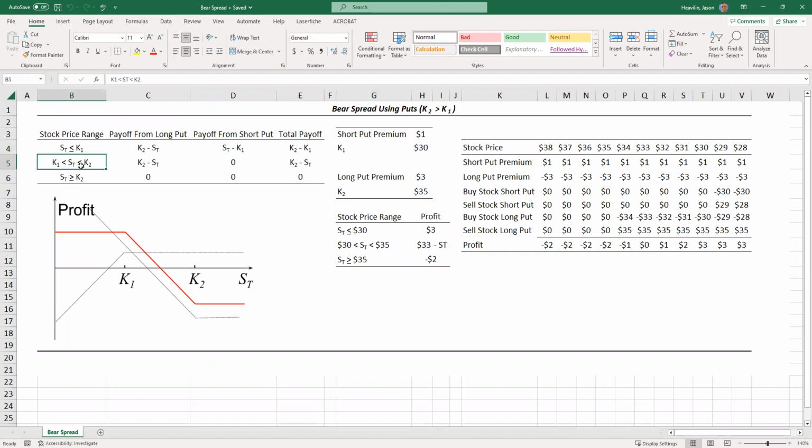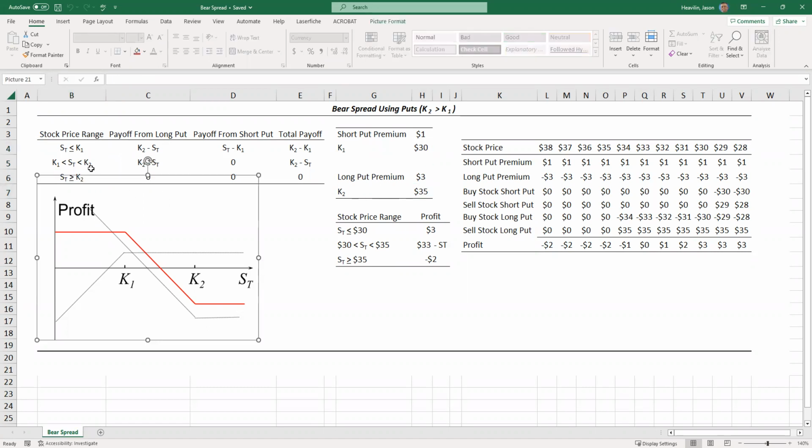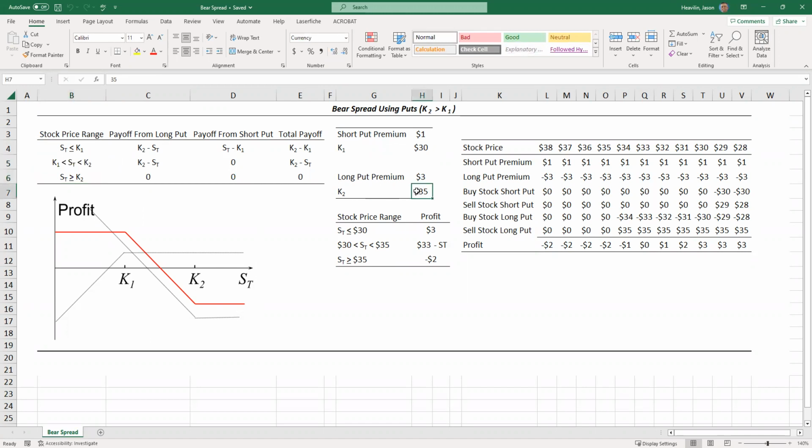The other scenario is where the stock price could be in between K1 and K2, meaning greater than 30 but less than 35. Then we have the scenario where the stock price could be greater than or equal to K2, so 35 or more. So to recap, in this scenario the stock price is at 30 or less. In this scenario, the stock price is in between 30 and 35, but not equal to 30. And in this last scenario, the stock price could be greater than $35.